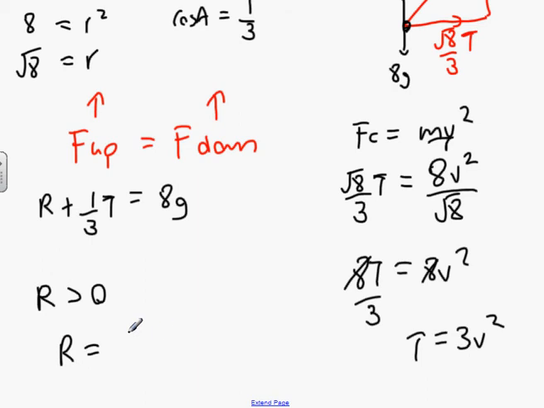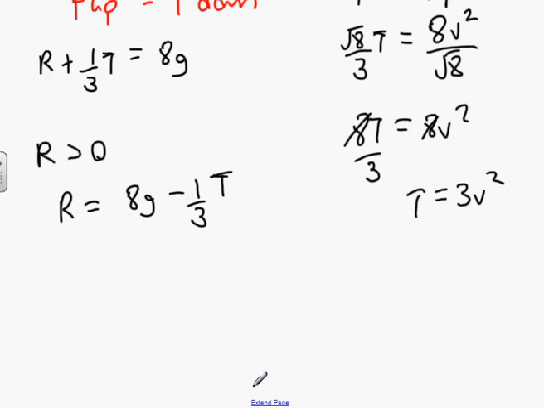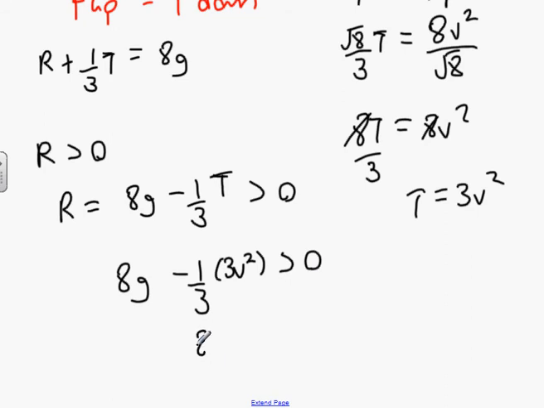R is currently equal to 8g minus 1/3 T. Using this as an inequality, that has to be greater than 0. So 8g minus 1/3, I'm going to replace in 3v squared, greater than 0. 8g minus v squared greater than 0. 8g greater than v squared.